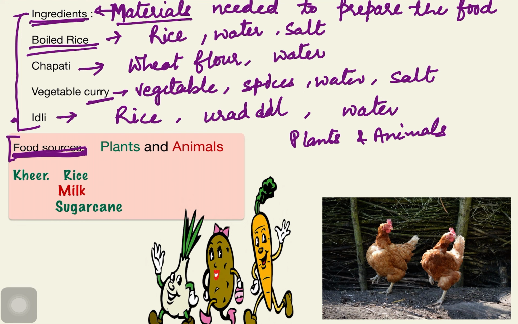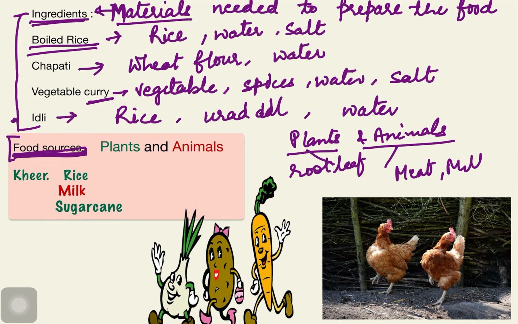Mainly all items which we eat come from plants or animals. From plants, any form we can eat, root, leaf, which we discuss in the next slide. And from animals we eat meat, milk and egg. Meat we get from the animals, and milk and eggs are the byproducts.